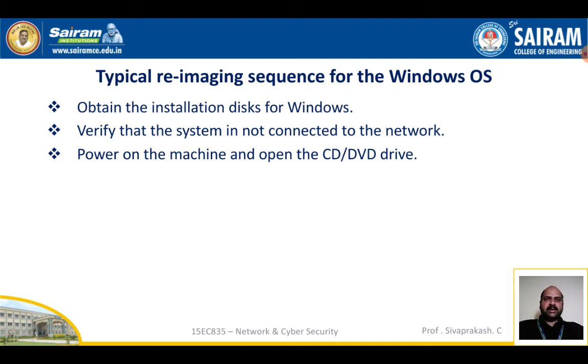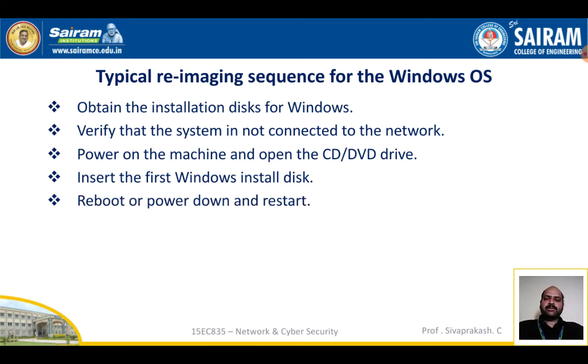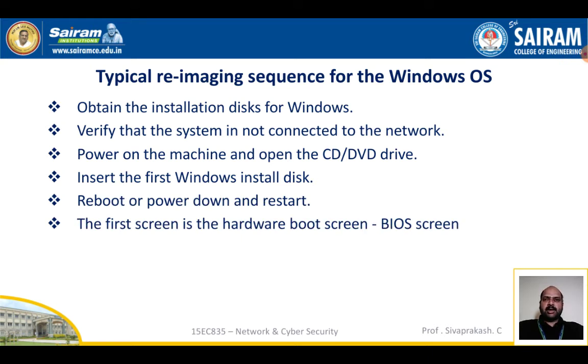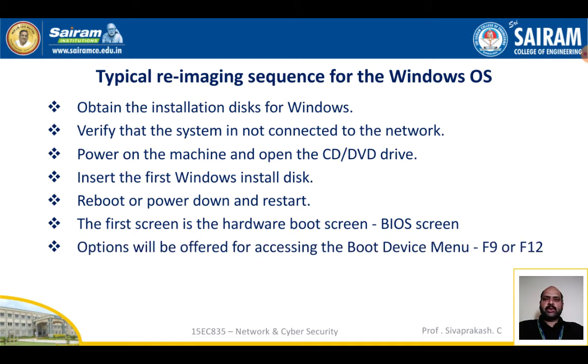The first screen is the hardware boot screen, sometimes called the BIOS. So we may come across the BIOS screen, where options will be offered for accessing the boot device menu. Usually we have a key like F9 or F12.